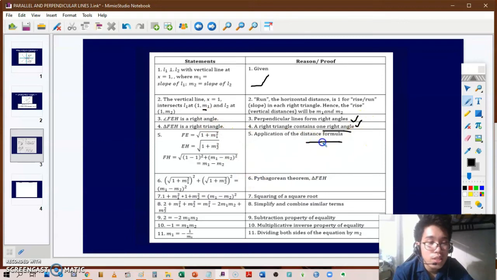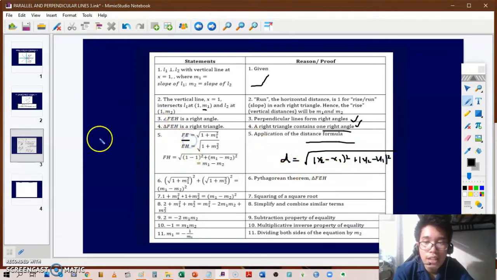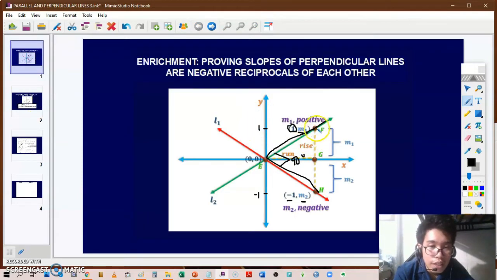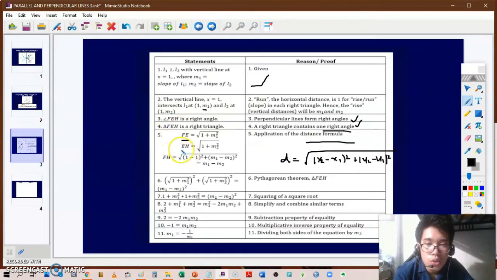And then we can use the distance formula. If you can recall the distance formula, d is equal to the square root of (x sub 2 minus x sub 1) squared plus (y sub 2 minus y sub 1) squared. This is used for finding the distance between 2 points. We have here line segment FE and line segment EH, and we want to find the distance of those two segments.